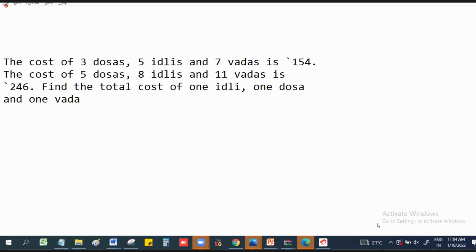Very good, Tarun, you got it right. Good job. The cost of 3 dosa, 5 idli and 7 vada is 154. So again there are 2 equations and 3 variables.